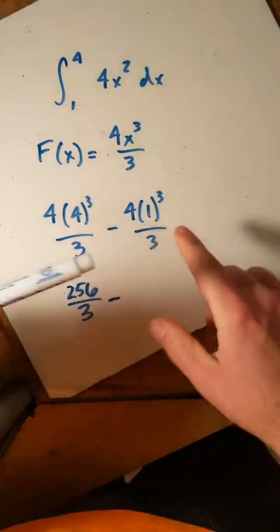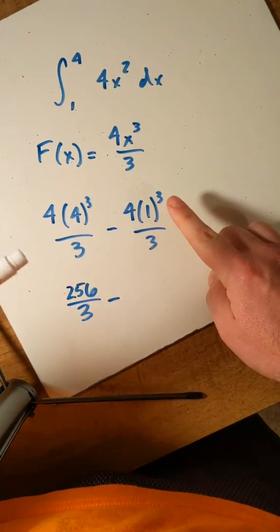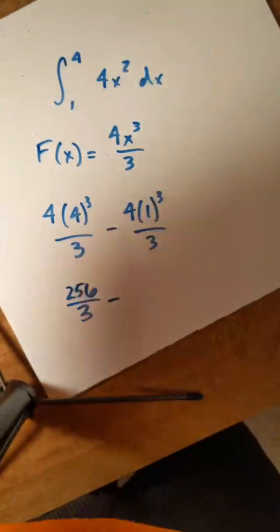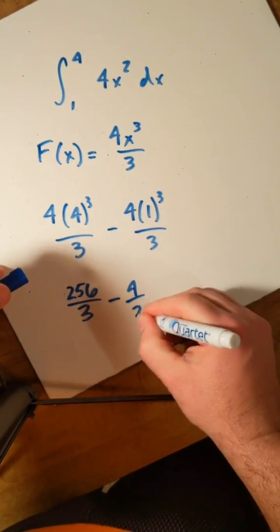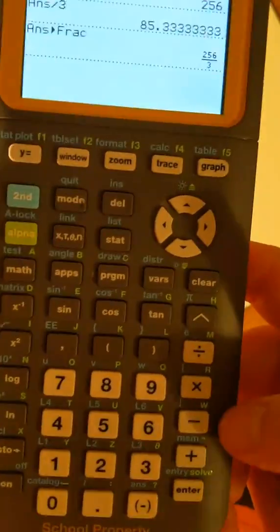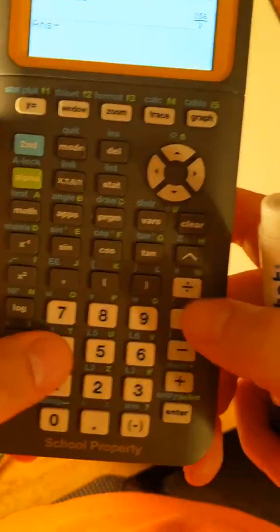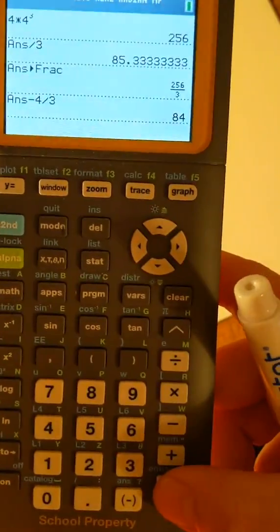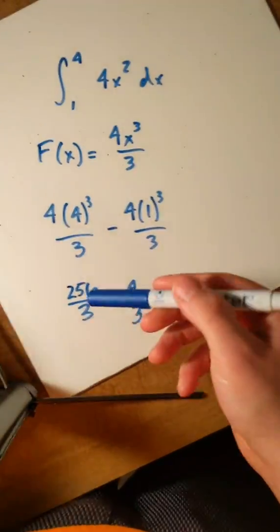Minus, if we plug the other one in, that's easy to do in our head. 1 cubed is 1, times 4 is 4, over 3 is 4/3. So what's 256 over 3 minus 4 over 3? I already have 256 over 3 typed in. Minus 4 over 3, 84 even.